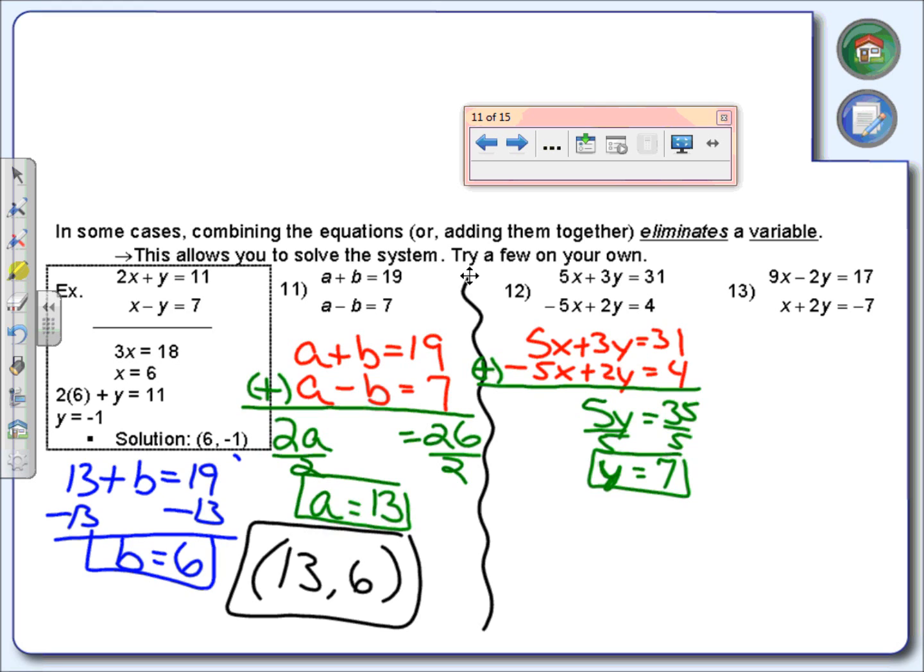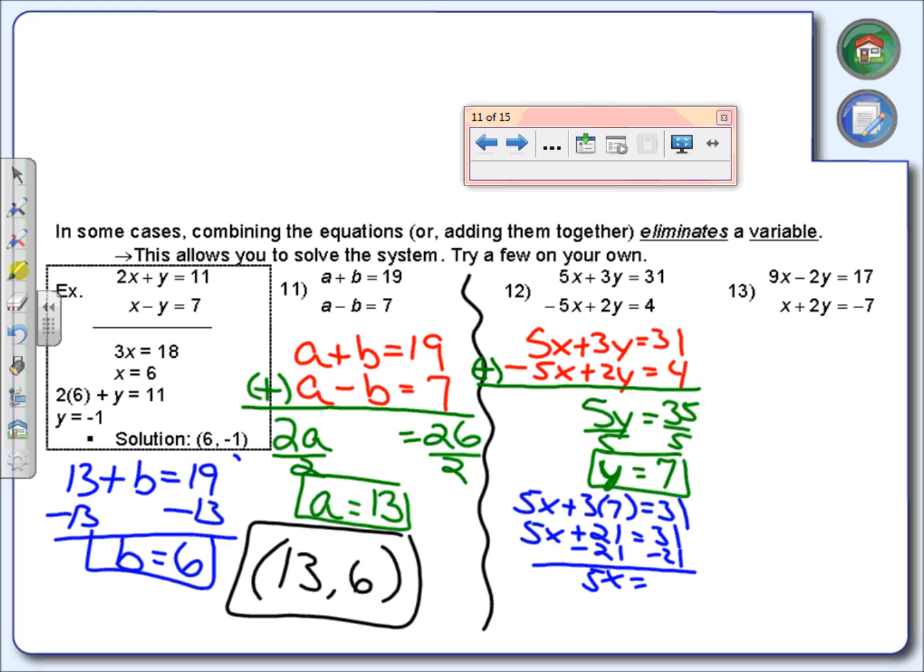Now we got to figure out what x is. So we're going to take that 7 and we're going to plug it in. You can use it for the first equation or the second. I'm going to use it in the first. Replace the y with a 7. So 3 times 7. 3 times 7 is a 21. Going to subtract 21 from the 31.